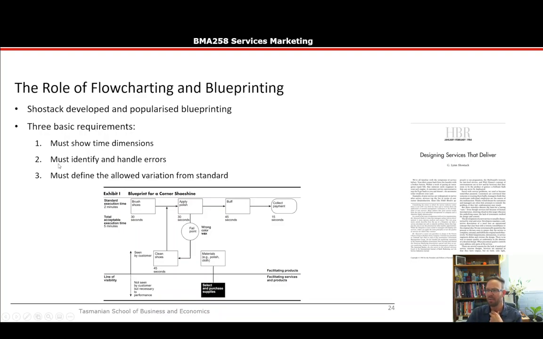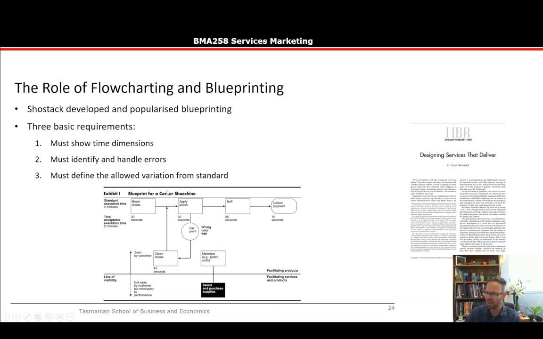Now we must identify and handle errors. This is a beautiful thing about blueprinting. Really what we're looking for is how the process should go, but also where the critical points, the failure points, are. You say, look, there's a key interaction there. That's critical. That might be a failure point, and then you can develop ways to manage that.